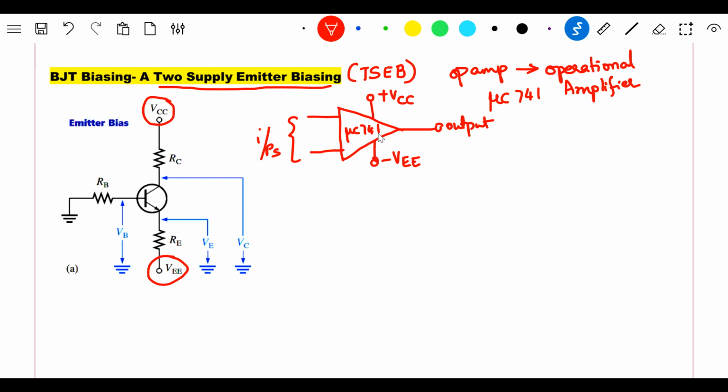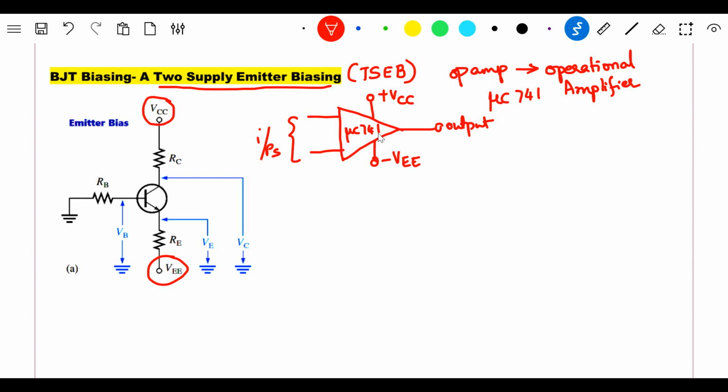At a later stage, when I discuss the op-amp and write the op-amp circuit, you should imagine that you have seen this video where a two supply emitter biasing circuit was discussed. Anyway, the brief about op-amp we will look into later.